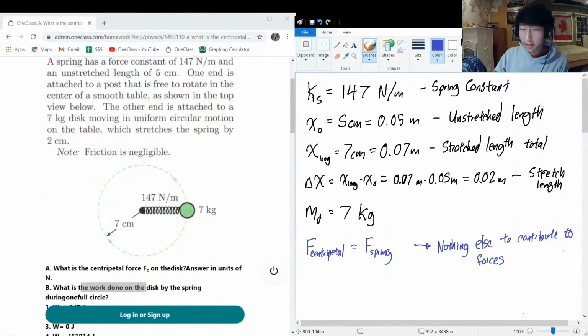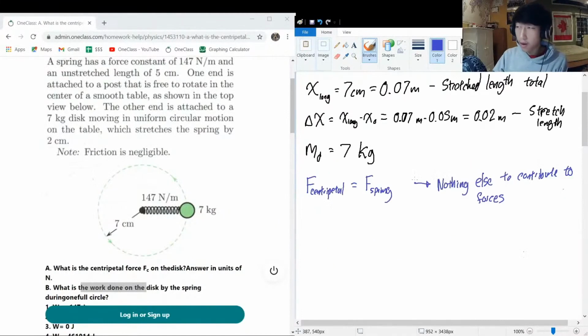Now that we know that the centripetal force is completely made up of the spring force, we just need to calculate the spring force. The spring force, F spring, is equal to Ks, the spring constant, multiplied by the change in length of the spring from its original length.